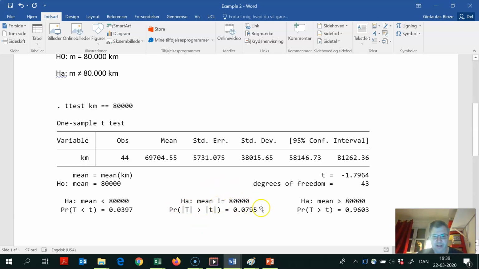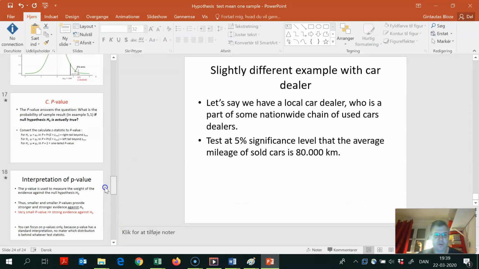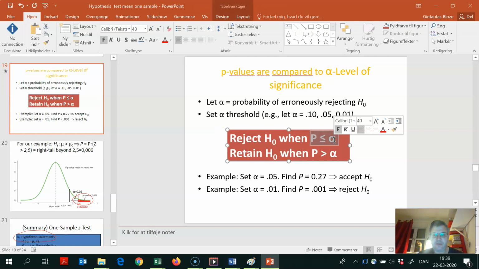And this p-value here I want to use to decide whether I reject or accept the null hypothesis. And the decision rule was as before. I showed you the decision rule: always, if the p-value is less than the significance level, you reject the null hypothesis. If the p-value is above the significance level, then you accept the null hypothesis.